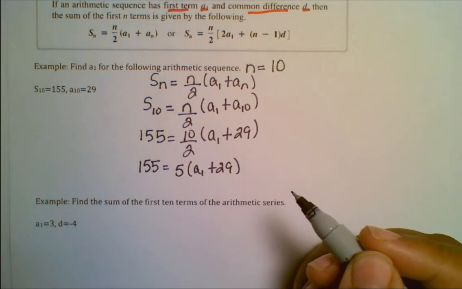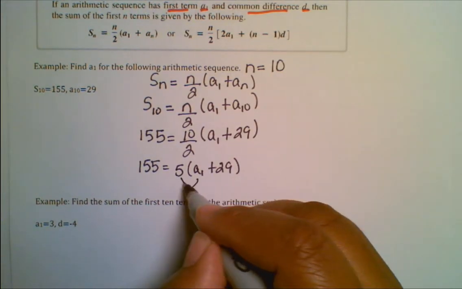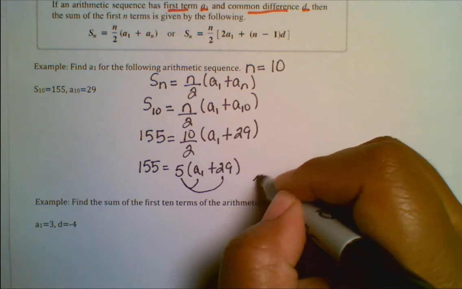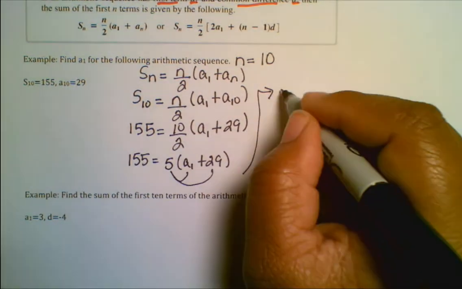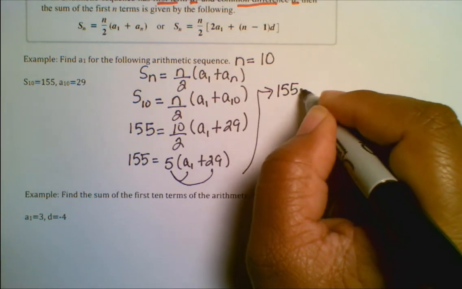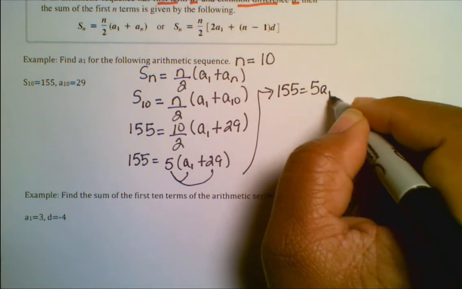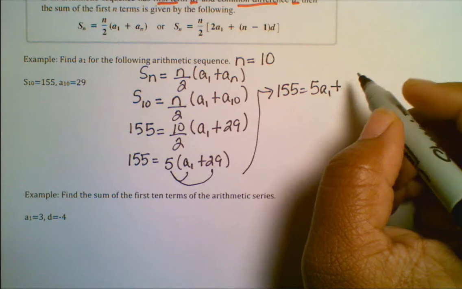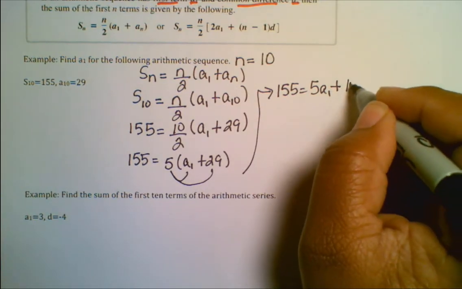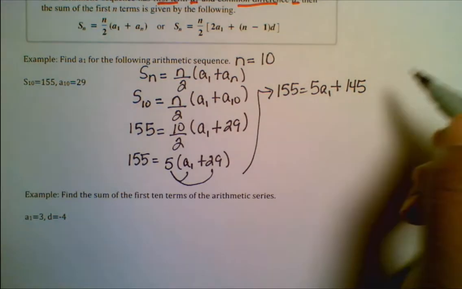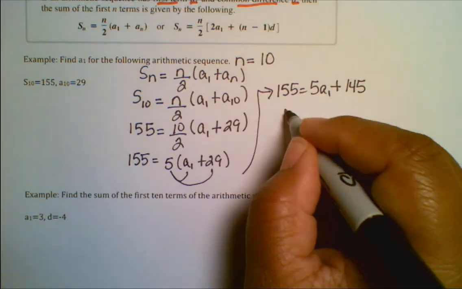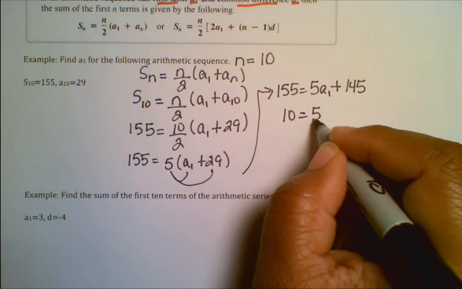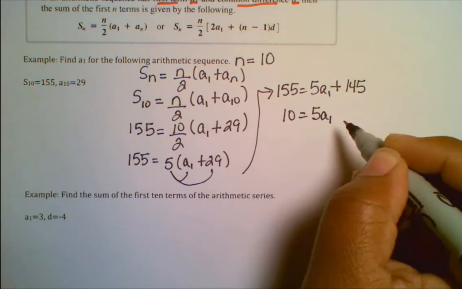We're going to next distribute the 5. So we have 155 is equal to 5 a sub 1 plus 5 times 29, which gives us 145. And then we're going to subtract 145 from both sides, and we have 10 is equal to 5 times a sub 1.